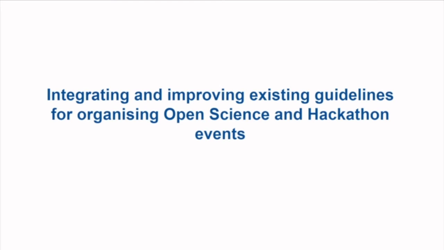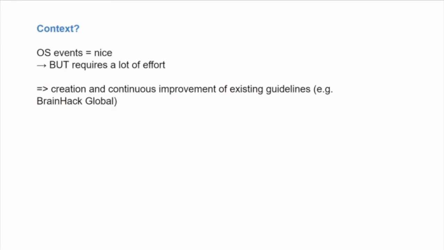Okay, I made a small project in the context of organizing this open science event. The goal is to integrate and improve existing guidelines for organizing hackathons and open science events that are already in the cloud. They are nice, but they require a lot of effort.